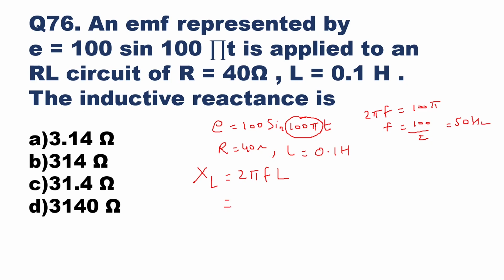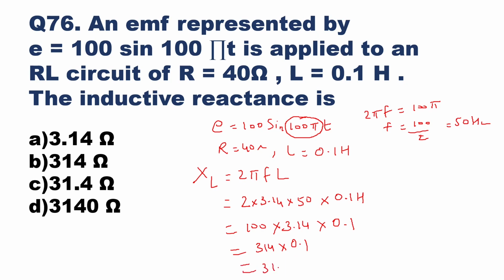So here if you put that in this value, 2 into 3.14 into 50 into 0.1 Henry. This is nothing but 100 into 3.14 into 0.1 Henry. So 100 into 3.14 is 314 into 0.1, which is equal to 31.4 ohms.